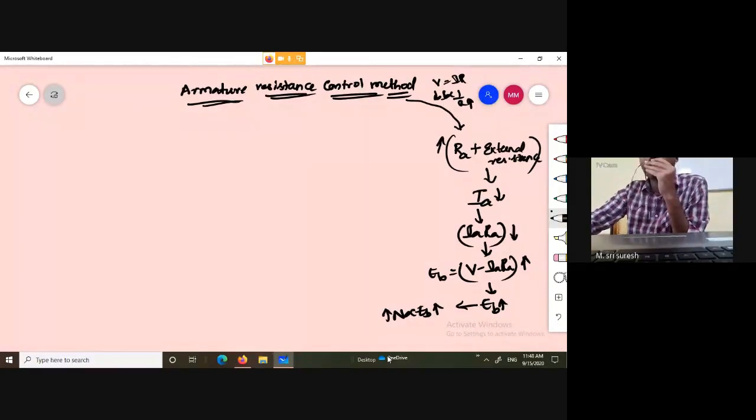That means at the time of starting, we are adding a number of resistances in series with the armature, so at that time we get a high speed. After that we reduce the resistance value. If this value is reduced, IA will increase.